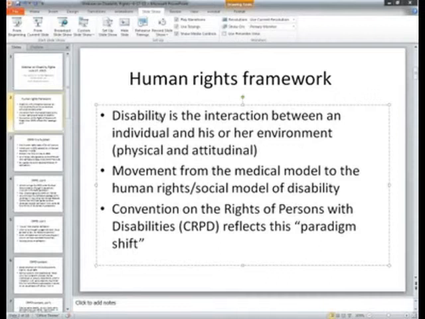It is important, though, for you to know that at the international level, at the human rights level, the medical model has really been rejected, and individuals who work in this world are very comfortable now with what's variously called the human rights model, or the social model of disability, or in the States we might call it the civil rights model of disability.